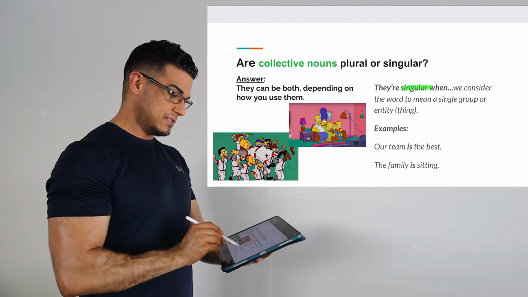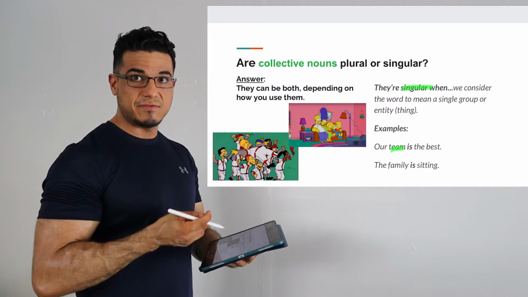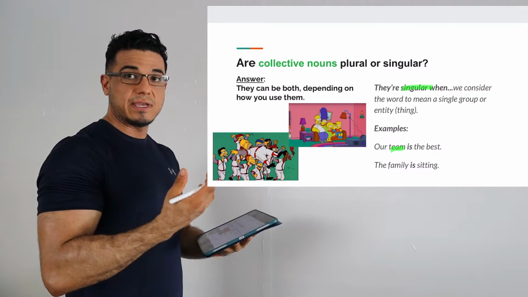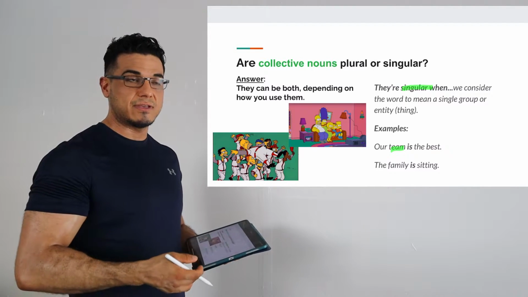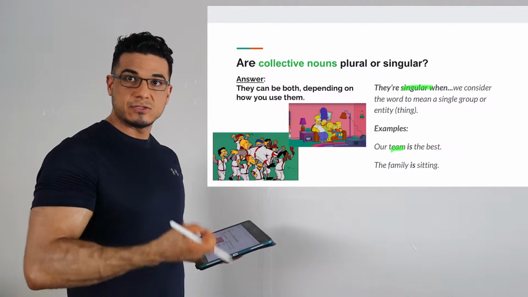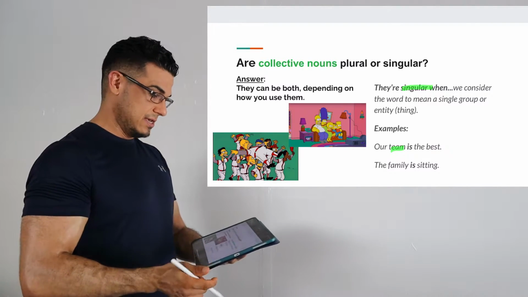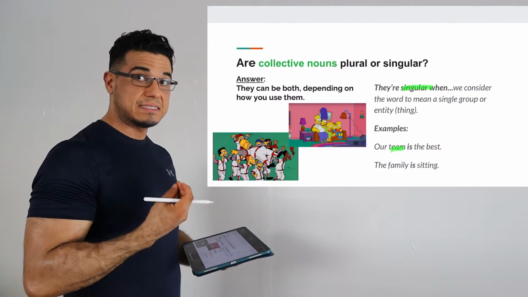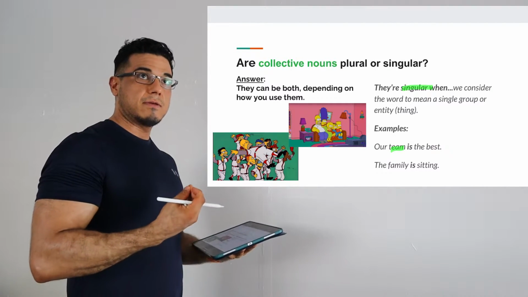The example I give is our team, which is a collective noun of people as a group working towards a goal, like a baseball team, right? It's a group of people who play baseball together, or a team of engineers, so a group of people who are engineers. But the way I'm using it in the sentence implies a singular element.